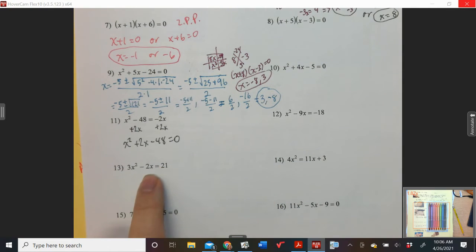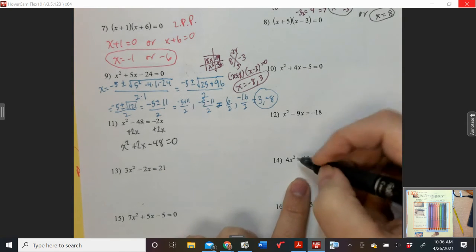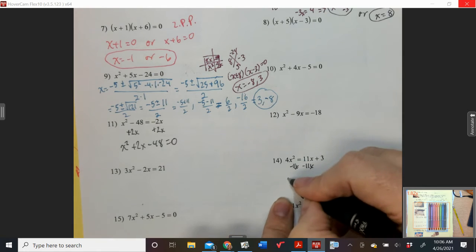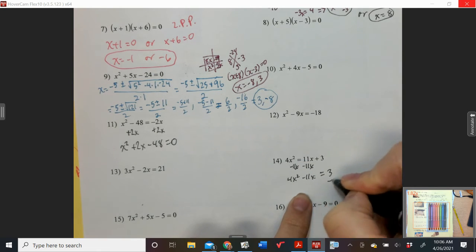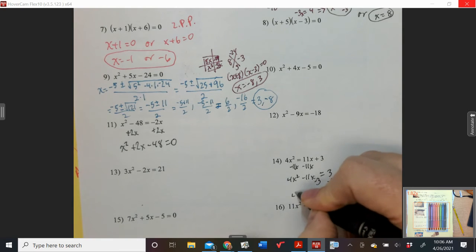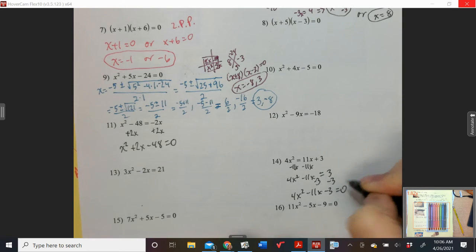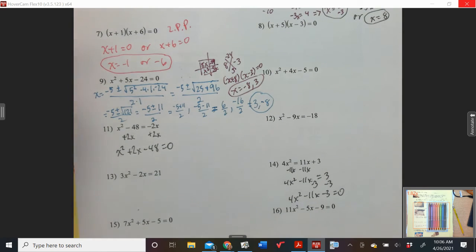Same here. Subtract the 21. This one's a little more complicated, so we'll set this one up. Minus 11x, minus 11x. 4x squared minus 11x equals 3, minus 3, minus 3. 4x squared minus 11x minus 3 equals 0. Again, you may either factor or use the quadratic formula.